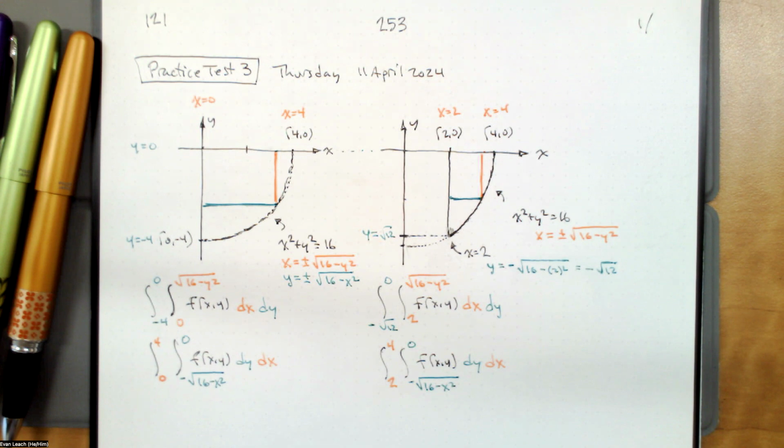In this case, we didn't need to do anything fancy with this square root of 12. We took care of that when we said x is equal to 2. That point down there is x equals 2 and y equals negative square root of 12. That's why we didn't have any of that fancy square root stuff going on for our constants, because we took care of that with the x equals 2. We're using that constant.